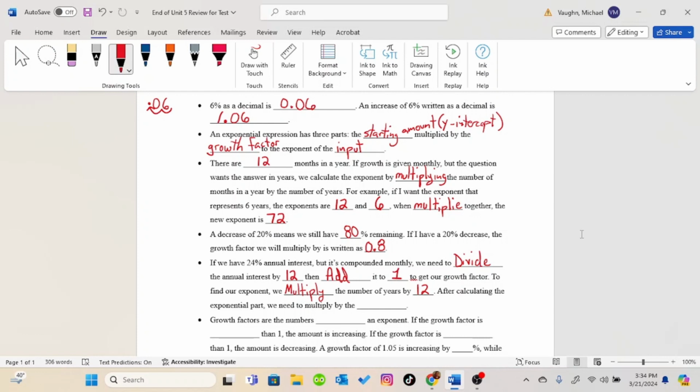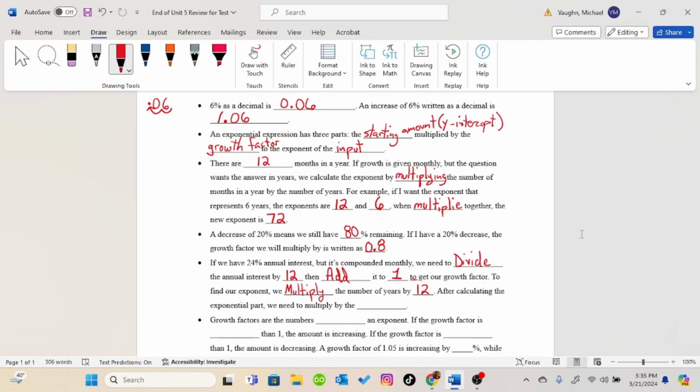After calculating the exponential part, so remember, once we have our exponential expression written, order of operations says we do the exponent first. So you'll take your growth factor and you'll take it to the exponent of your new input.